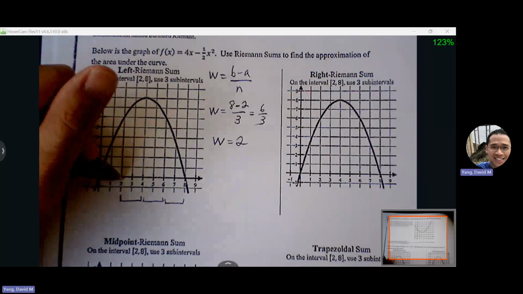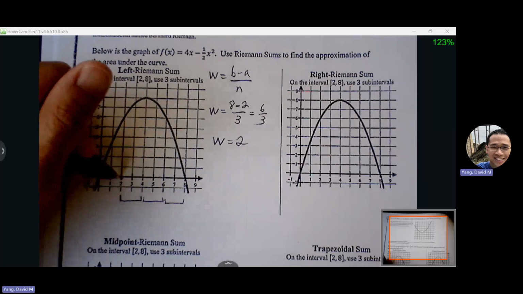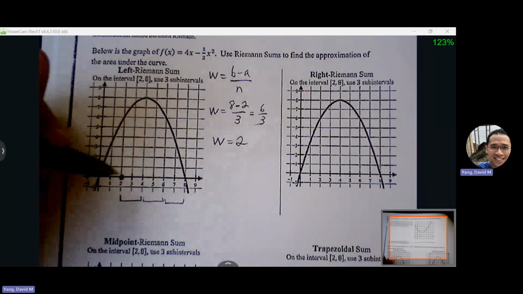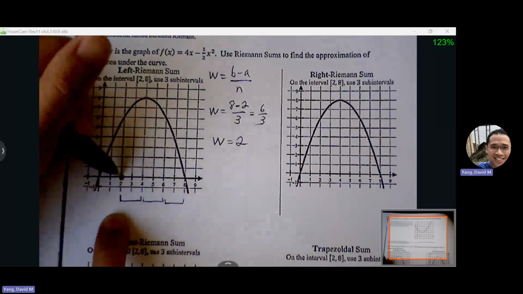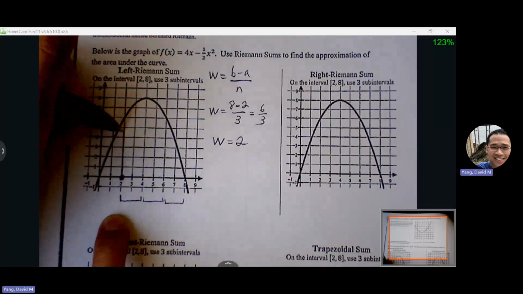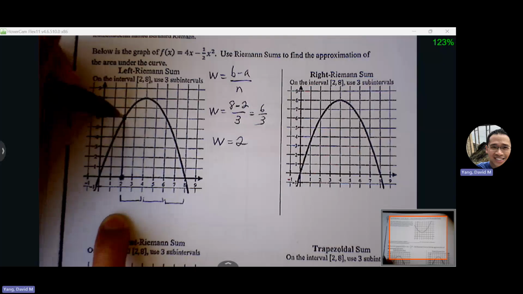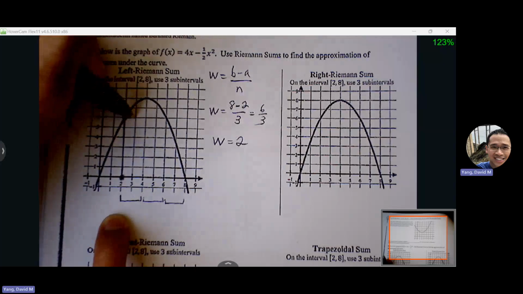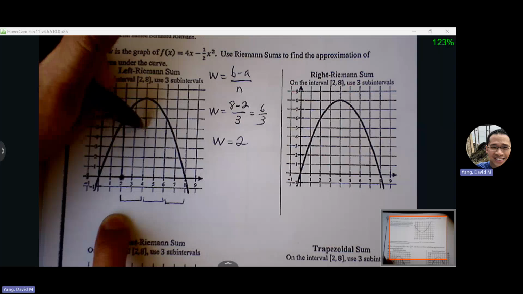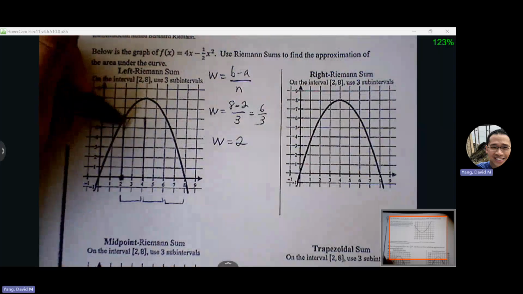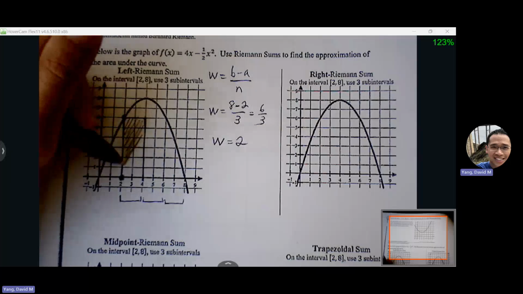So starting at 2, we want the left endpoint to touch the curve. So I'm going to go all the way up till I hit the curve at 6. That's where the graph touches, and I'm going to extend that height for the duration of my interval. And then that will be the area of my first rectangle.